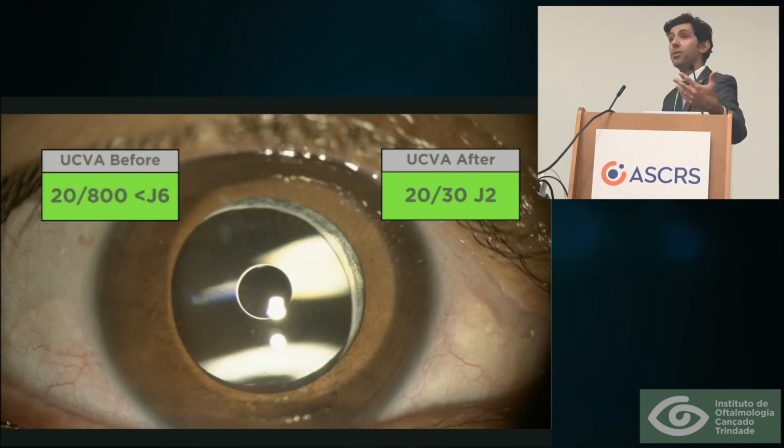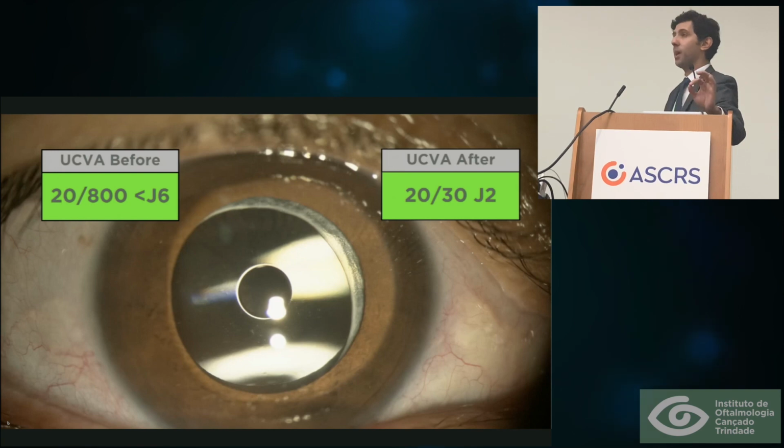So she was thrilled, and she wanted to do the same thing in the fellow eye. So we were concerned about night vision. Will she report any sensation of dark vision or any trouble at night vision?